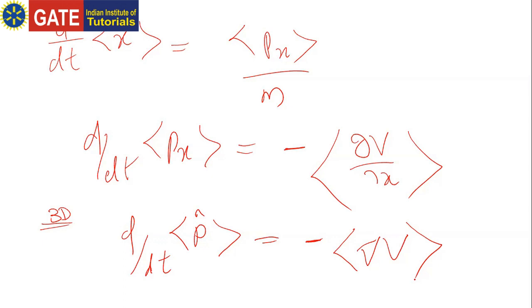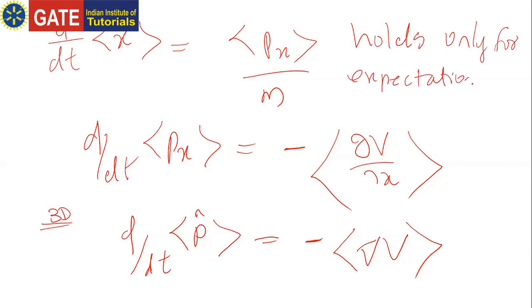Ehrenfest's first theorem. No need to learn by heart, understand the concept. We can convert this quantum mechanical dynamics to classical mechanics trajectories, and write down it only holds for expectation values. In quantum mechanics, it holds only for expectation values, or average value of the measurement.